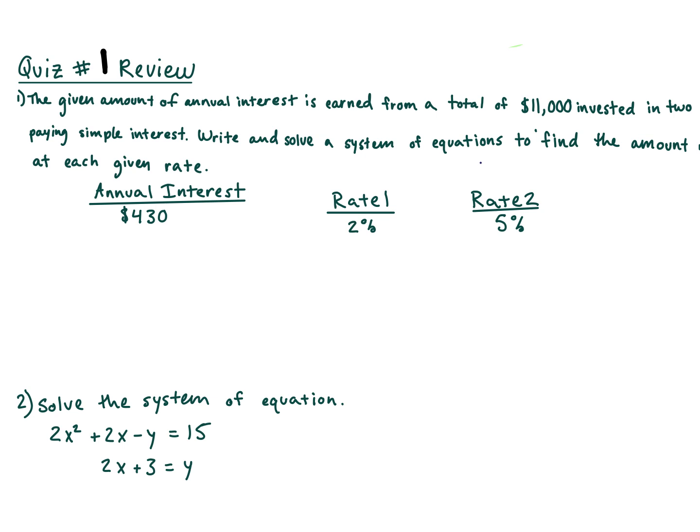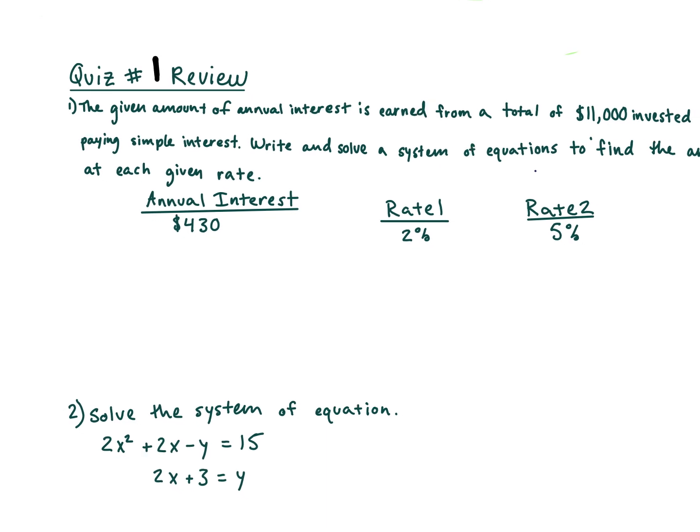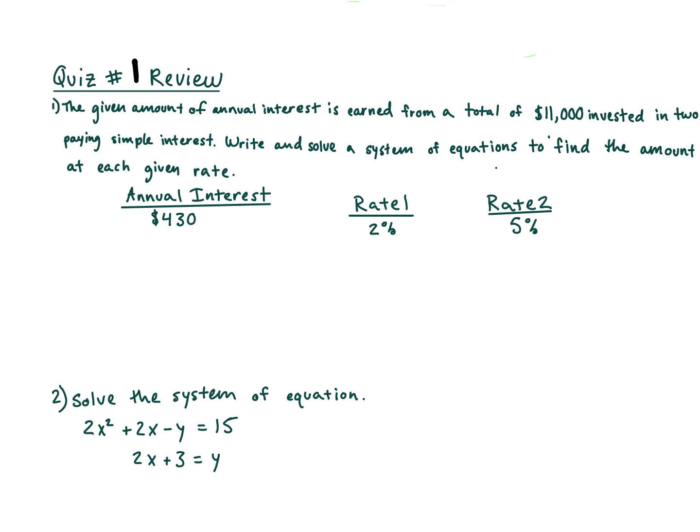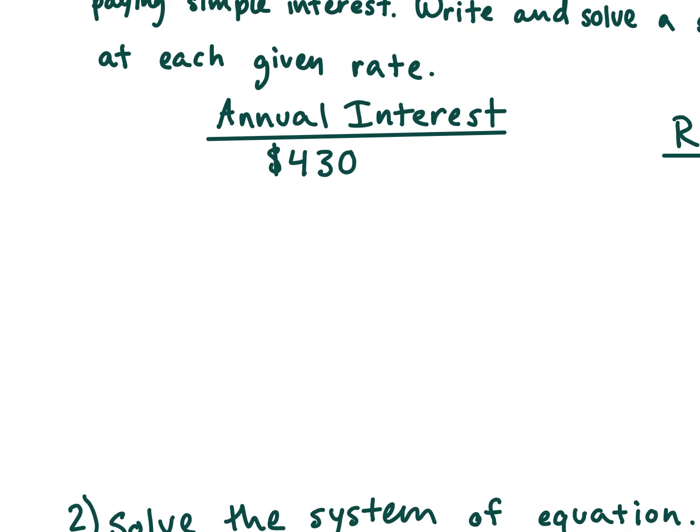There will be a couple word problems, but with the word problems, we will write out the equations for you. So I'll show you what it'll look like. If you had a question like this, it says the given amount of annual interest is earned from a total of $11,000 invested in 2 funds, paying simple interest. Write and solve a system of equations to find the amount invested at each given rate.